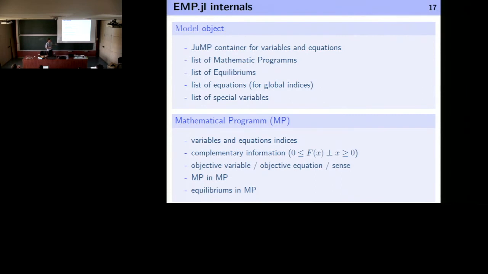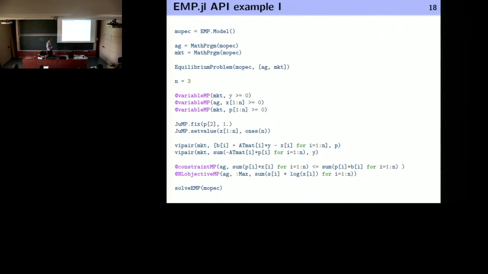Each mathematical program has variable and equation indices and complementarity information. It has the information whether it's a minimization or maximization problem, and what kind of mathematical programs or equilibria are inside that mathematical program.